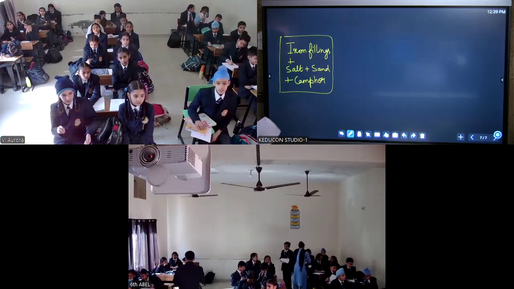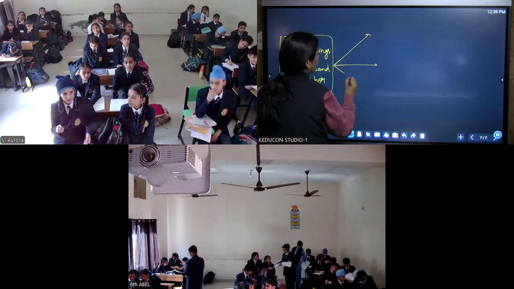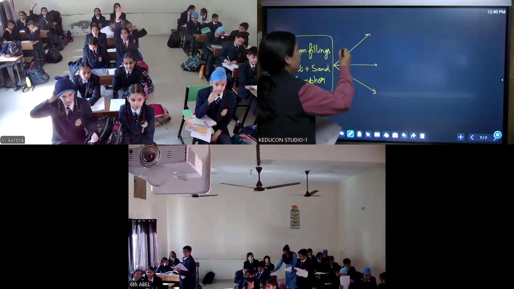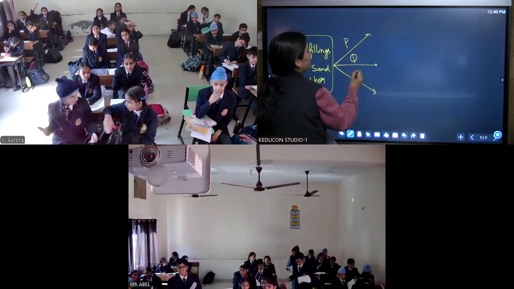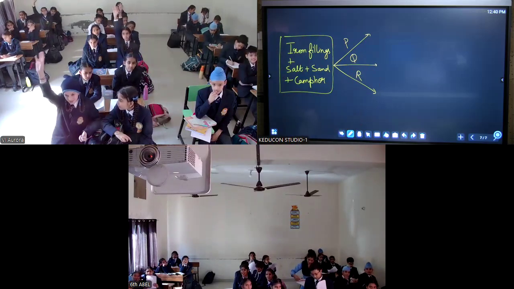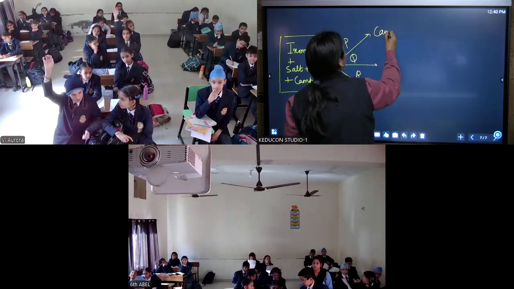Okay? Now we have to separate them. We are using three different techniques, P, Q, R. So these are the separating techniques, P, Q, R. And what we are getting: through P, we are getting camphor.